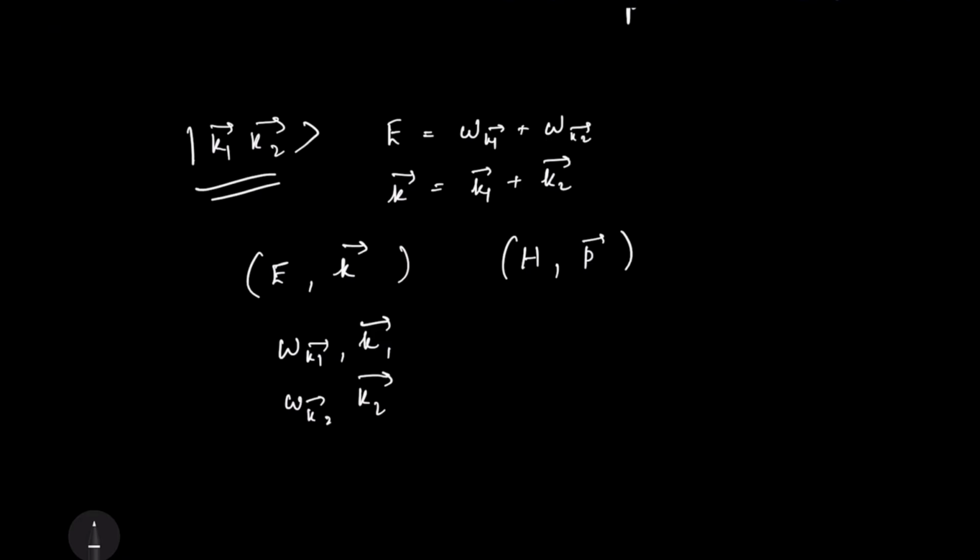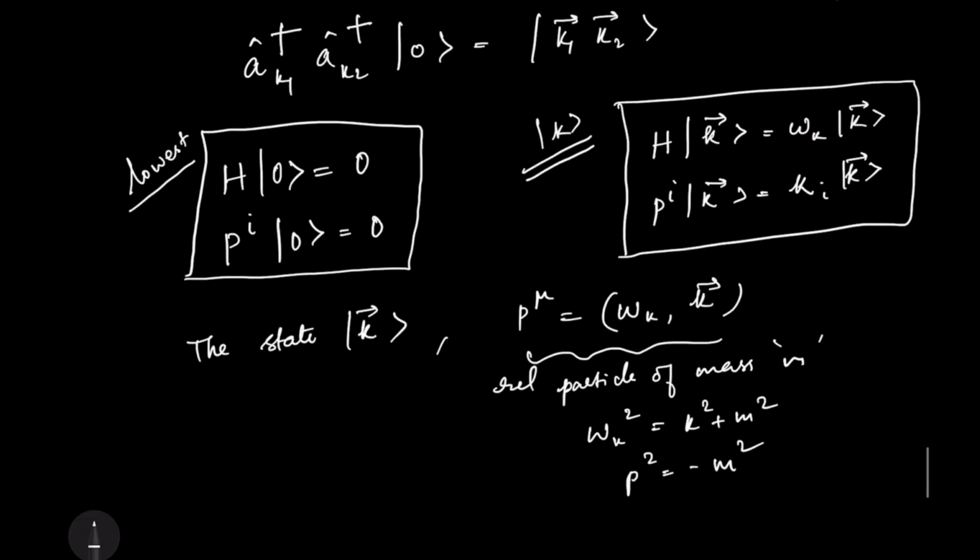So you can do this for any state. For example, a state n_K1, n_K2, etc., corresponds to n_K1 particles of momentum K1, n_K2 particles with momentum K2, etc., so this can describe any number of particles. First we saw the vacuum, which means there are no particles.